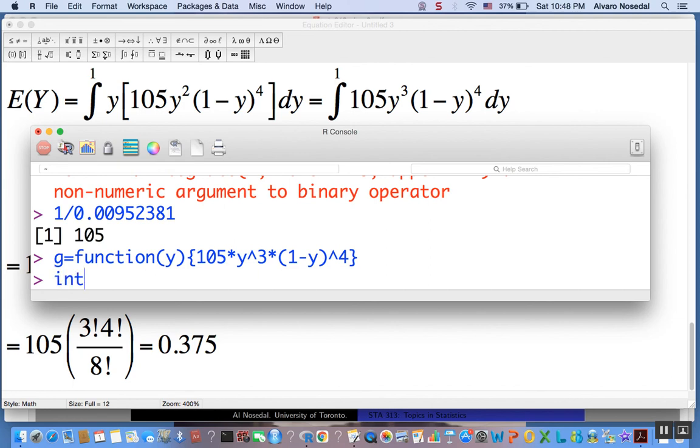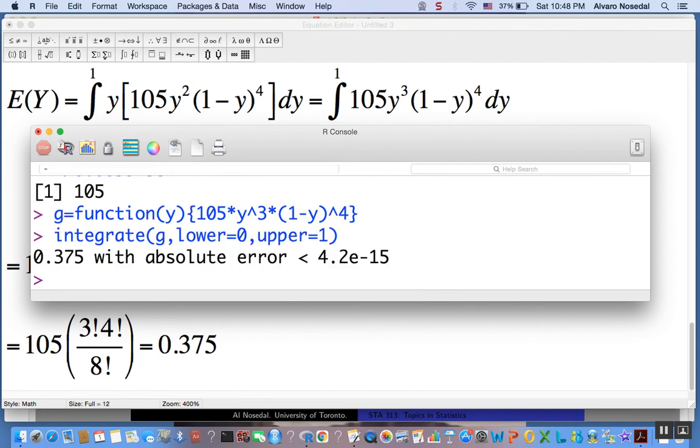And now we want to integrate g. The lower limit of our integral is 0, the upper limit is 1, and it's 0.375, just like what we obtained by hand. Okay? Make sense?